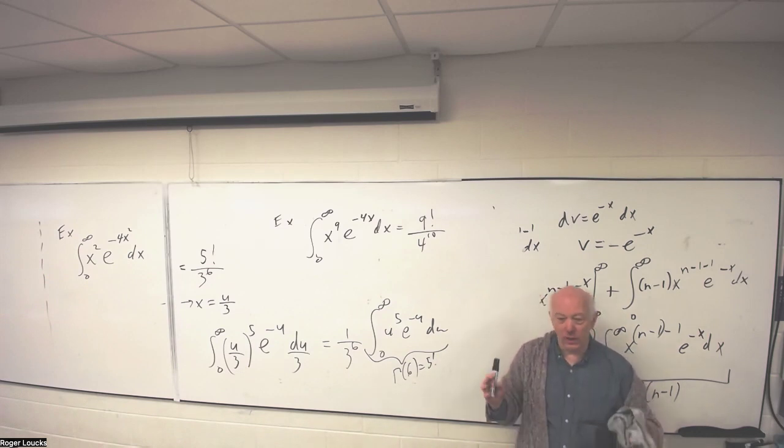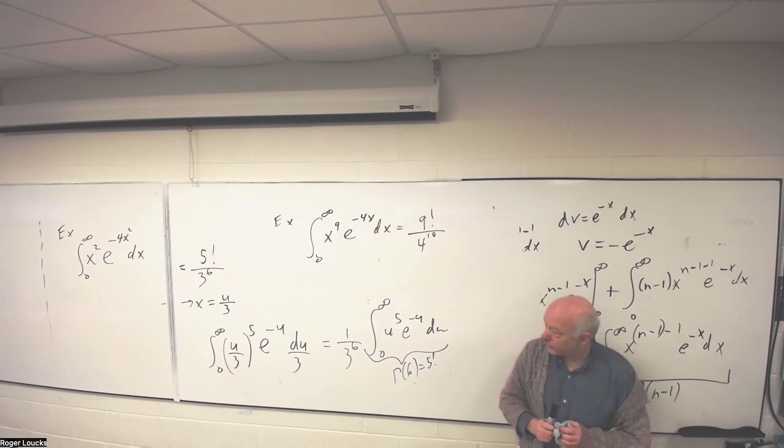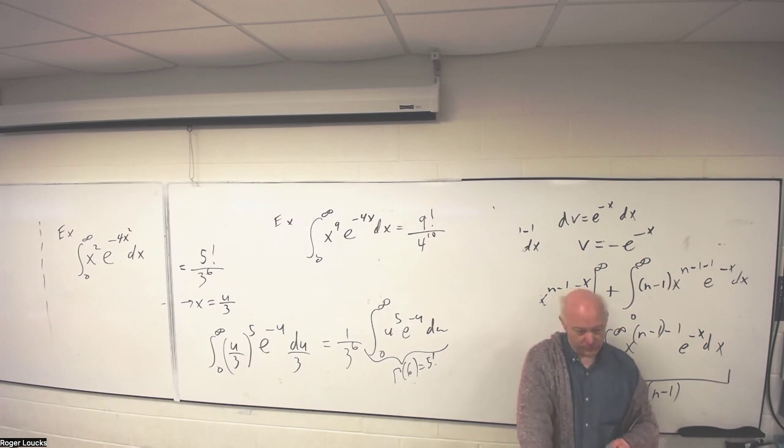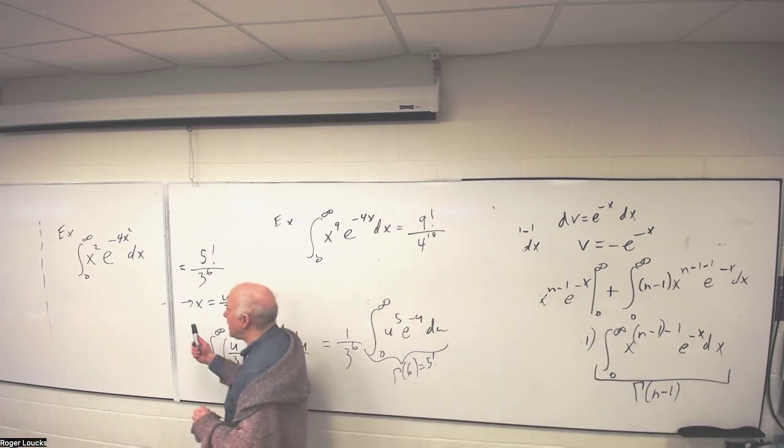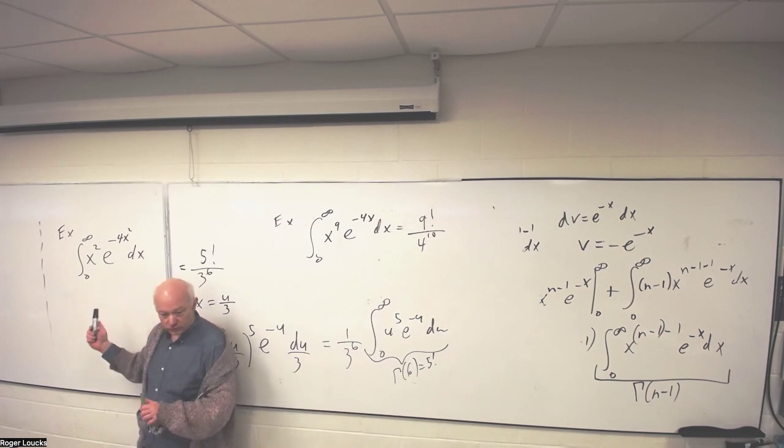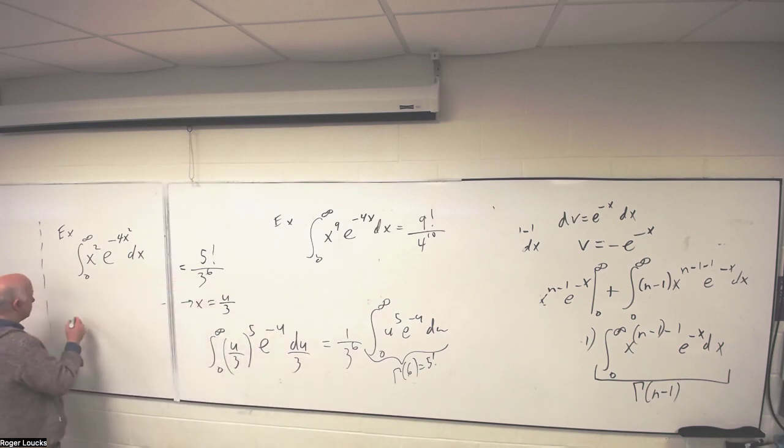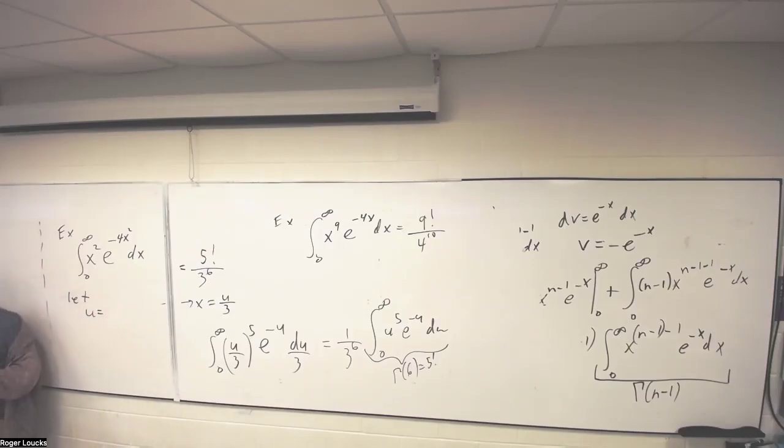We go, oh no, it's x squared. That's not a gamma function. How come? It has an x squared, but it's an x squared to the first power, so we can do a u sub. We're going to make this into a gamma function using u sub. What will u equal? 4x squared.